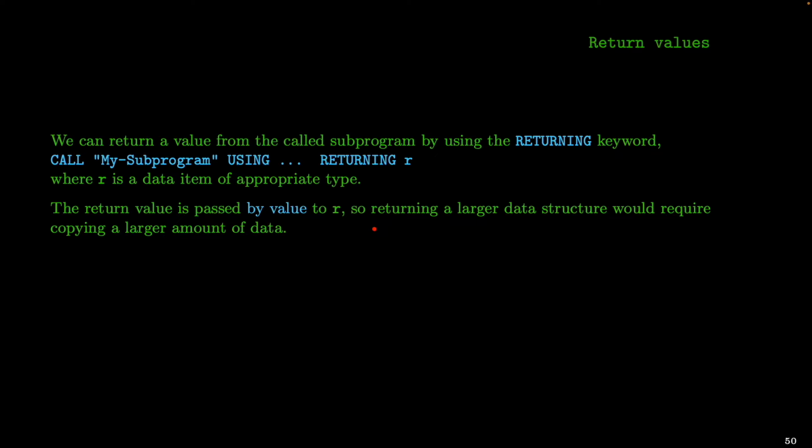This means returning a larger data structure would require copying a larger amount of data. So that's why it might be more efficient to pass an argument by reference to the subprogram and just modify this argument within the subprogram, and then the changes will be seen in the main program if you have a larger data structure that needs to be returned from the subprogram.